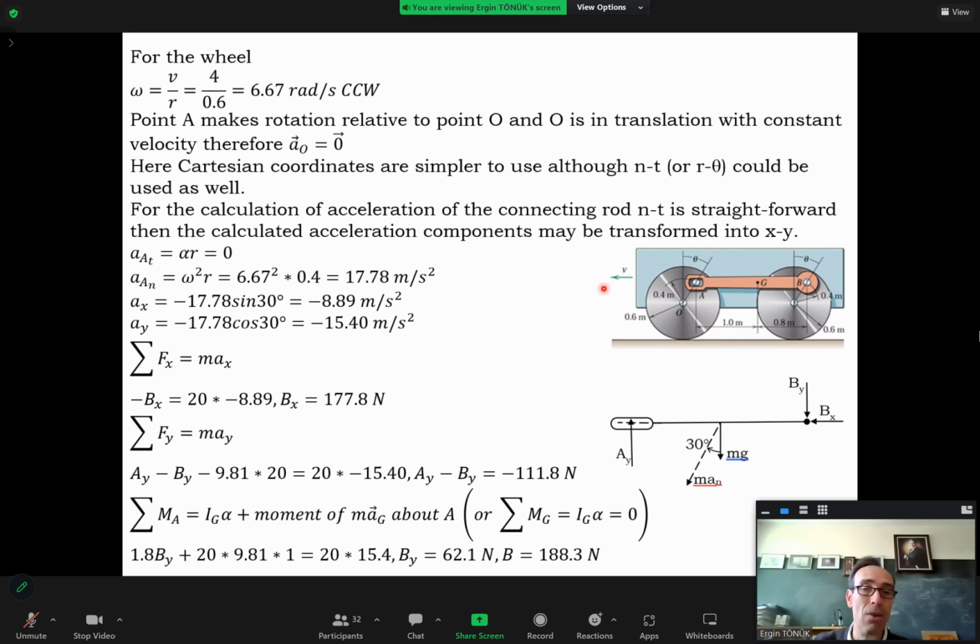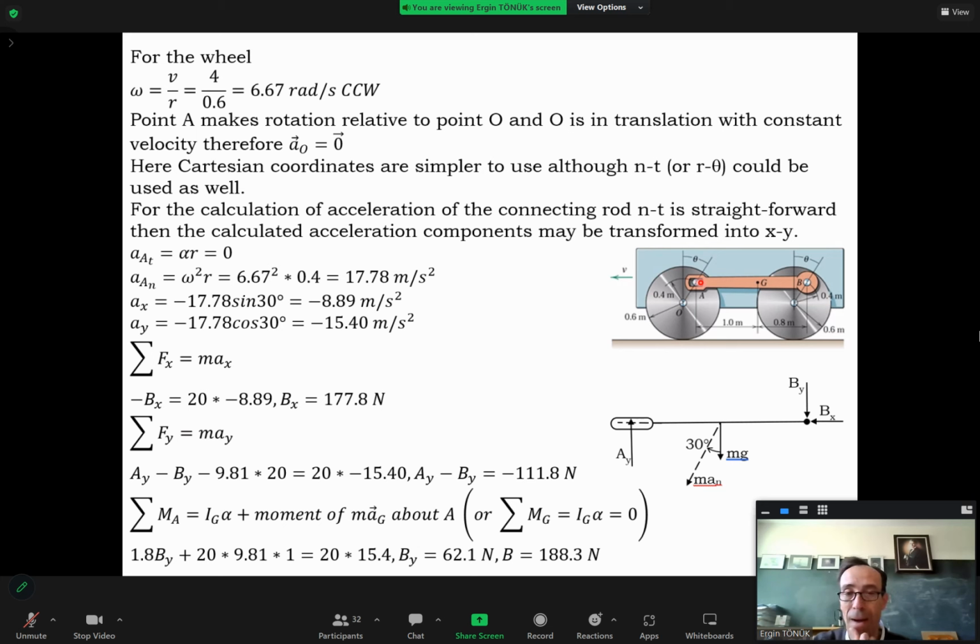Well, if you like, we may use NT coordinates or r-theta coordinates to analyze motion of point B or A, which are actually identical, but using Cartesian coordinates is equally simple.